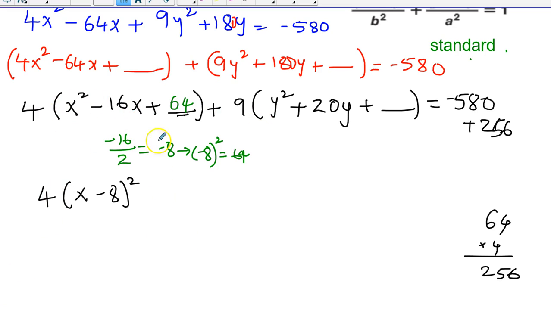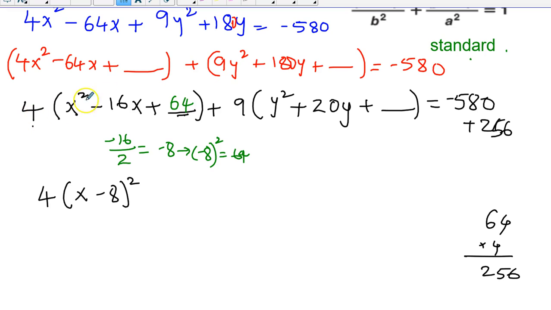256. Let me go back for a second. See here, this was negative 16. Negative 16 divided by 2 gave you negative 8. That negative 8 on squaring gives you positive 64. So you added 64 in this expression. That is, on the whole of the equation, 64 is added on the left hand side. And it is not just 64 because it is inside the parenthesis and outside it is multiplied by 4.